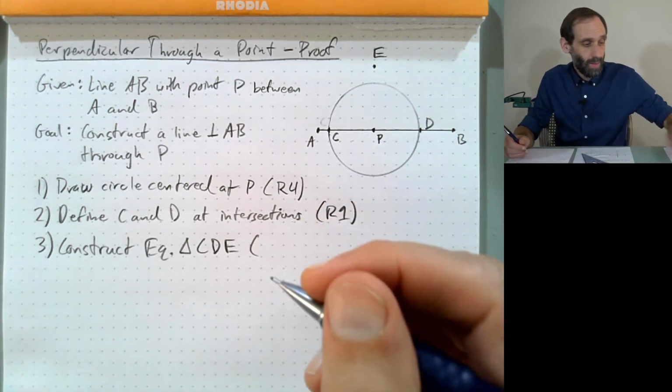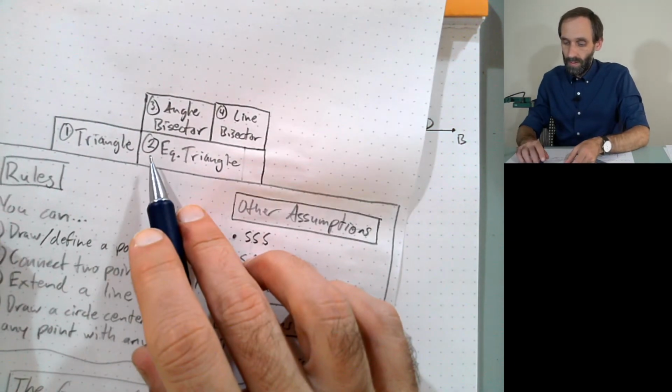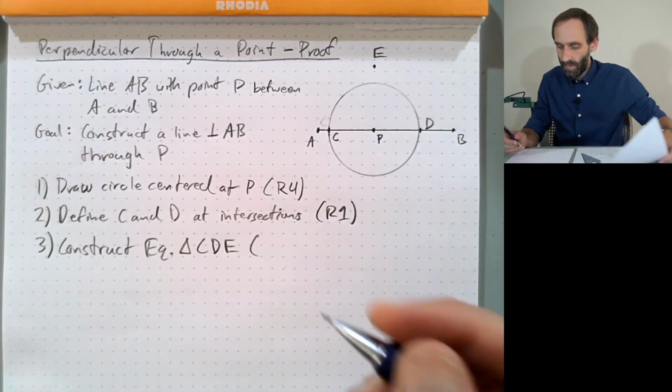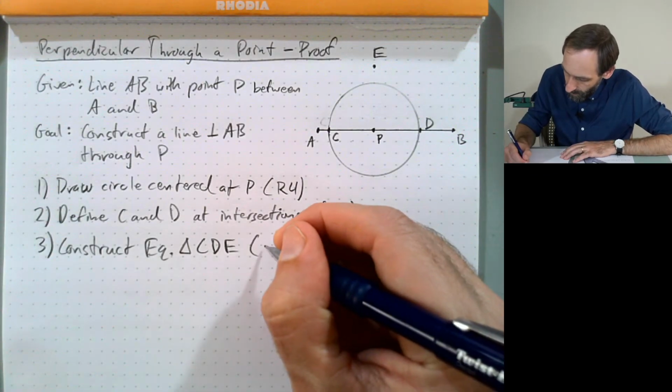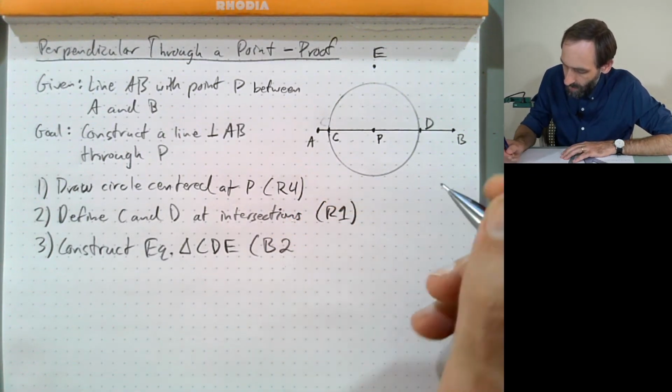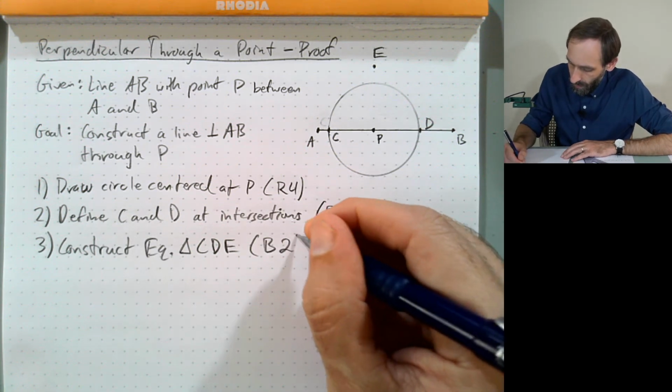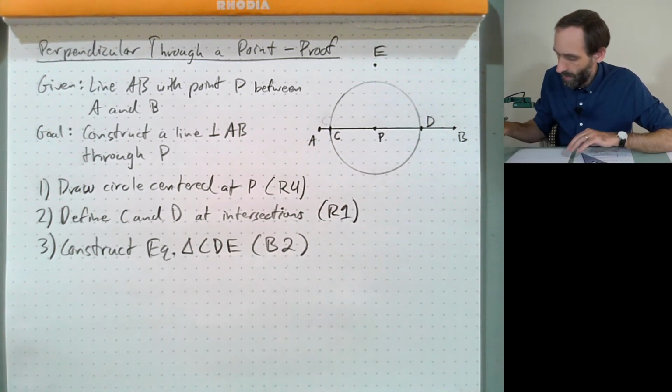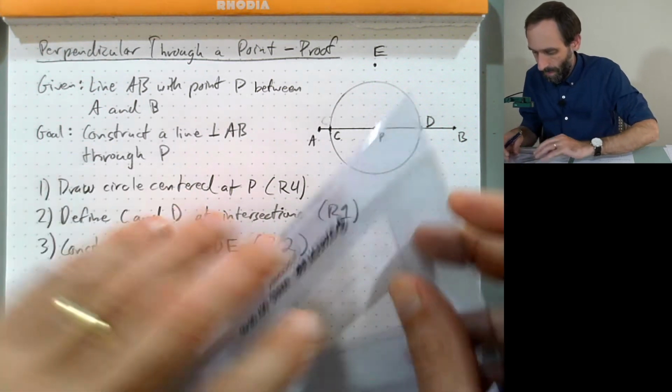And of course, that is brick number 2. Brick number 2 says I can construct an equilateral triangle. Let's go ahead and draw it in here.